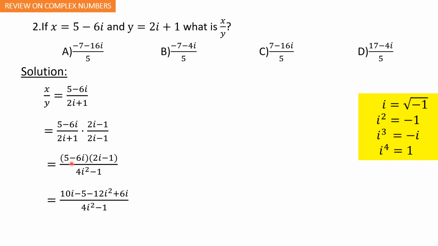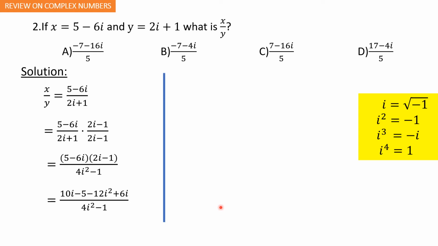By FOIL method, what is 5 times 2i? That is now 10i. Outer is 5 times negative 1, we have negative 5. Negative 6i times positive 2i, that is negative 12i square. And then negative 6i times negative 1 is positive 6i. All over 4i square minus 1.